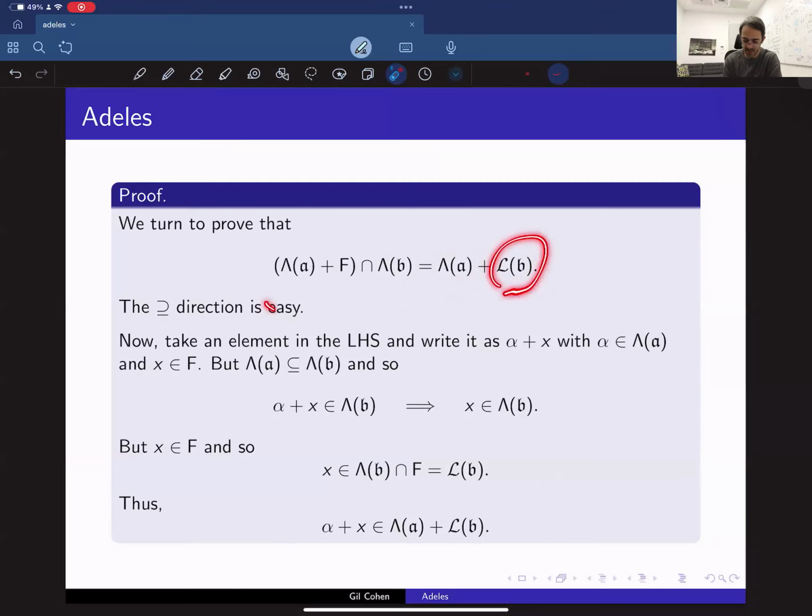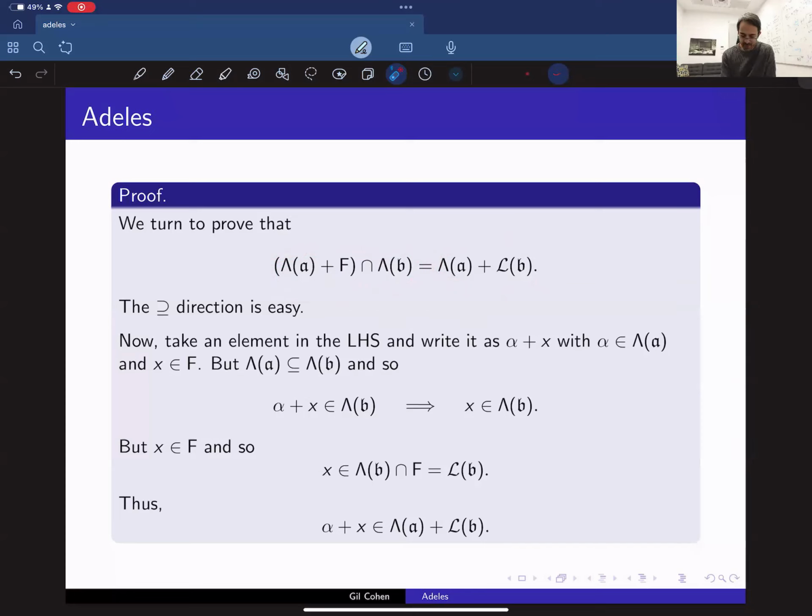L of B is here because it's in lambda B and in F, therefore in the sum. And lambda A is certainly in lambda B because B is larger, and it's certainly here because you have lambda A sitting here. So the harder part is to show why everything in the intersection of these two sits in the sum of these two.